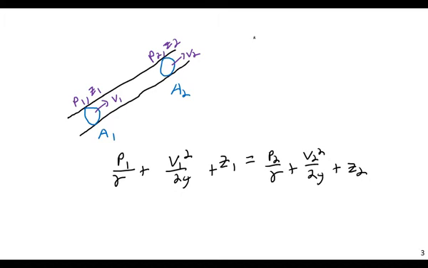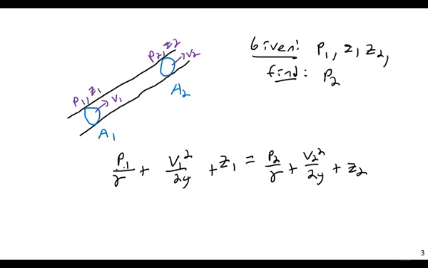And let's say I'm given, I don't know, let's say I'm given P1, Z1, and Z2, find P2. Well, how would I do this?